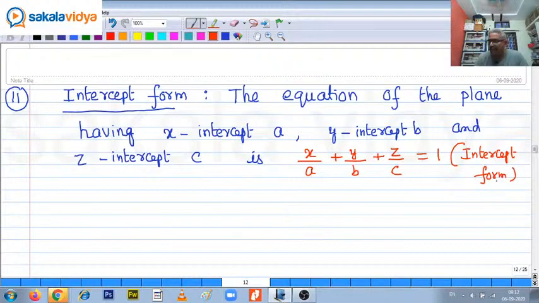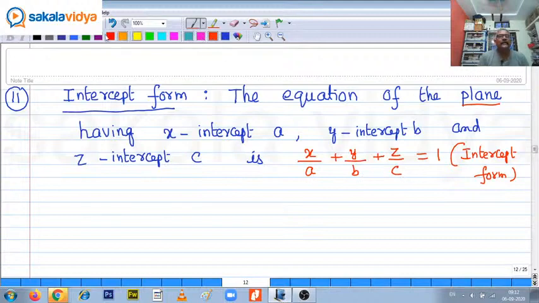That means in the examination you may be asked to find the x-intercept, y-intercept and z-intercept of a plane. The intercept form of a plane is x upon a plus y upon b plus z upon c is equal to 1, where a is the x-intercept, b is the y-intercept, c is the z-intercept.